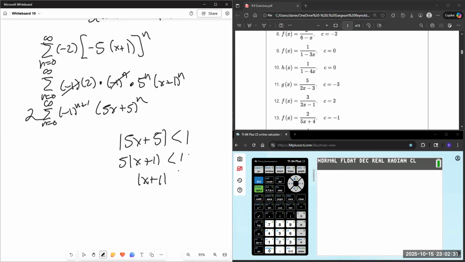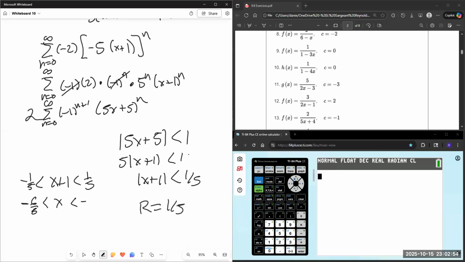The absolute value of x plus 1 has to be less than 1/5. So r has to be 1/5. The interval is x plus 1 is between -1/5 and 1/5. And subtract 1: -6/5 is less than x is less than -4/5.